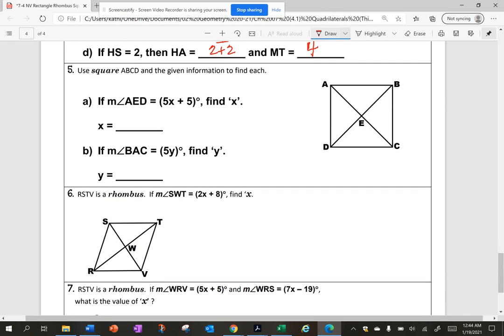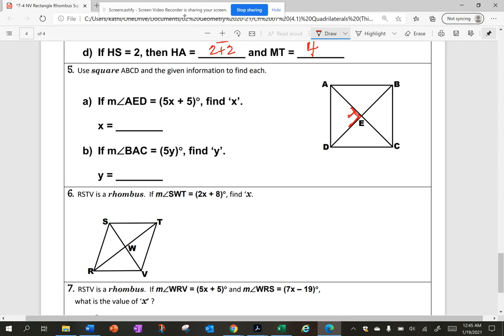Let's try another one. Use square ABCD and the given information to find each. If the measure of angle AED, so this angle here, equals 5x plus 5, find x.